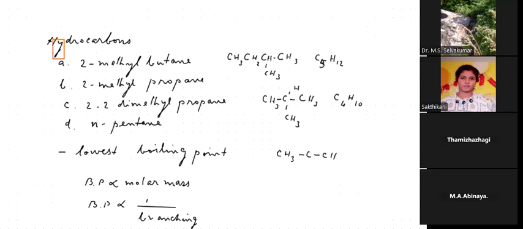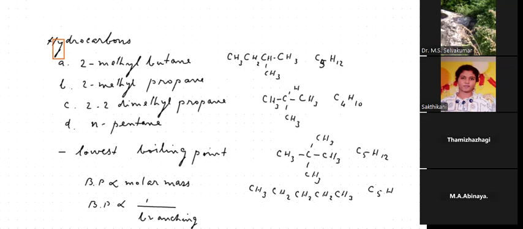Dimethyl means in the second carbon, 2 methyl groups are attached. So totally C5H12. And the last one is a straight line, a linear compound: CH3, CH2, CH2, CH2, CH3, N-pentane. So its molecular formula is again C5H12.